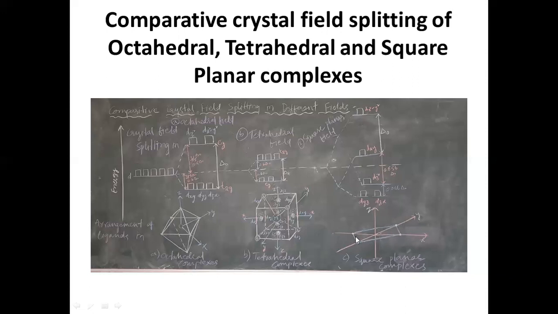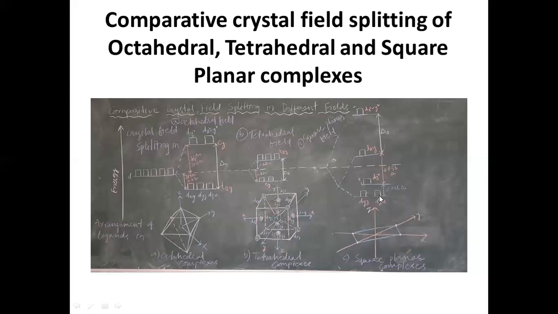So this square planar complex which you are able to see here is a very perfect square planar complex. And when a square planar complex is forming, all z component orbitals, d yz and d zx, are reducing in energy.